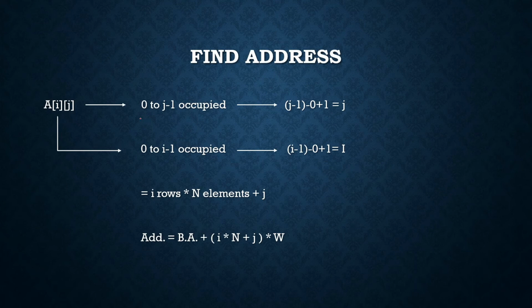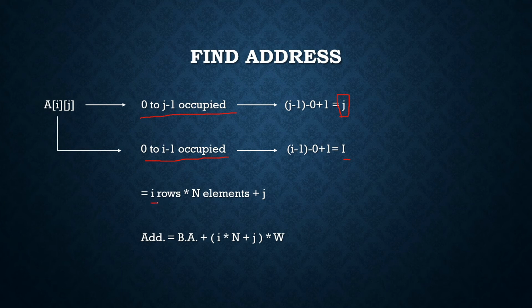So you can see here 0 to j minus 1 occupied. That's why, with the total number of columns being n, and rows 0 to I minus 1 occupied, that means we have I rows filled up.